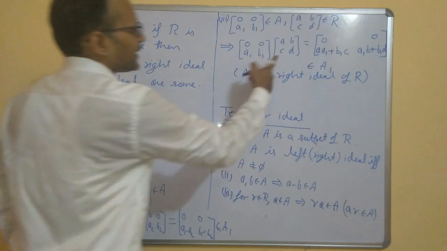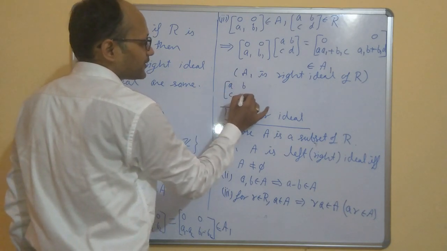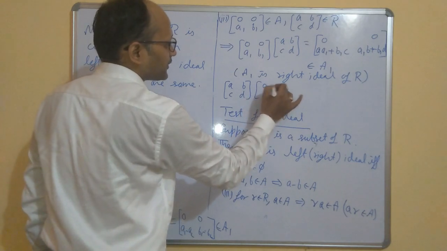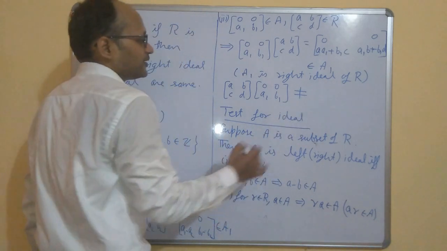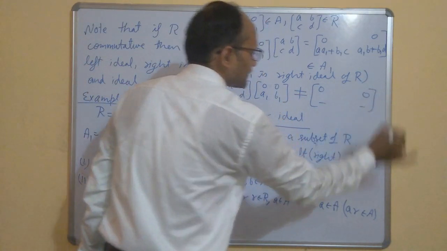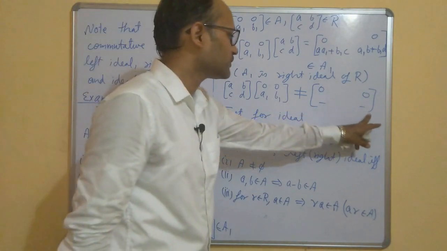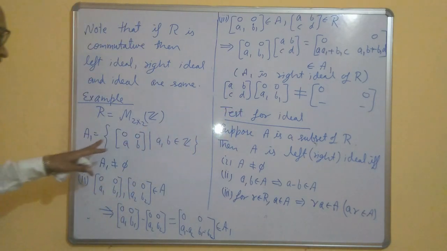Now one thing you can see is that if you multiply from the left side, so you keep it on the left, then what will happen? So the product will not be equal to a matrix of the form [0 0; some integers]. So you can multiply and check it, because it is not of this form always, so it is not a left ideal.